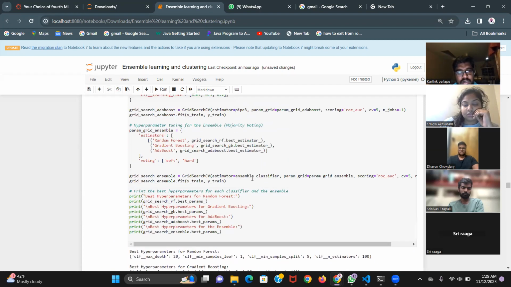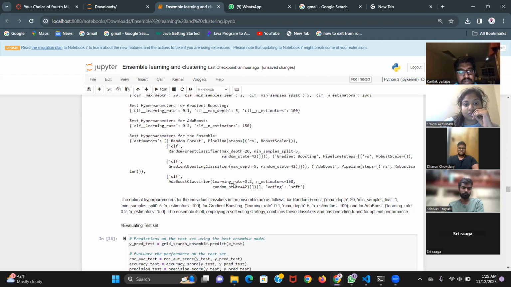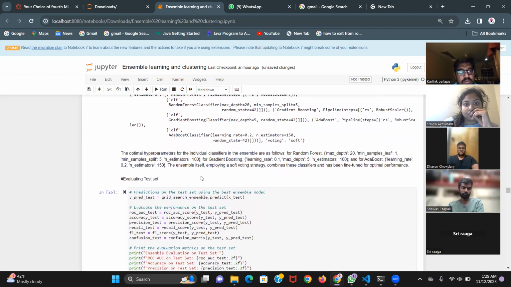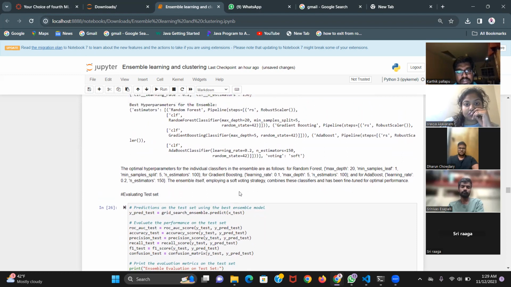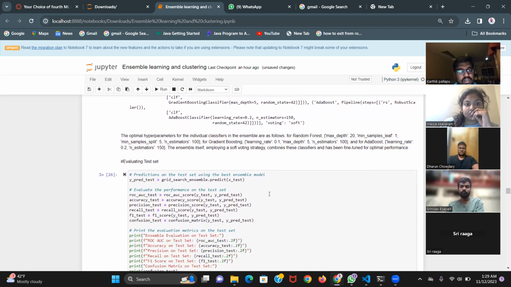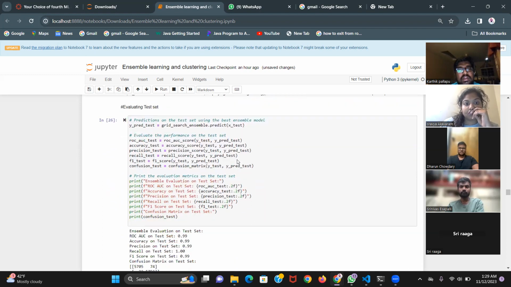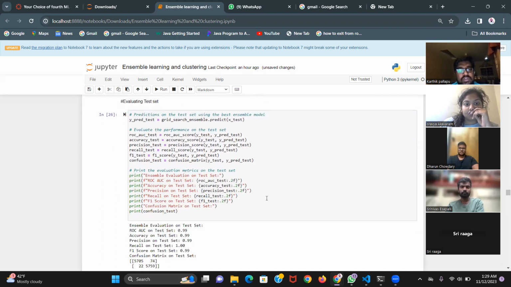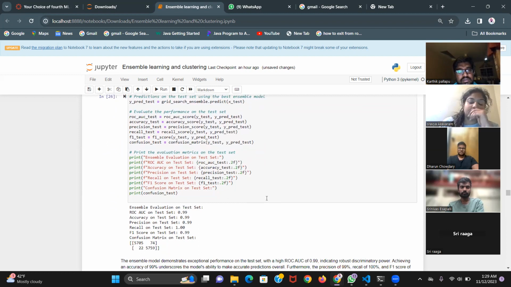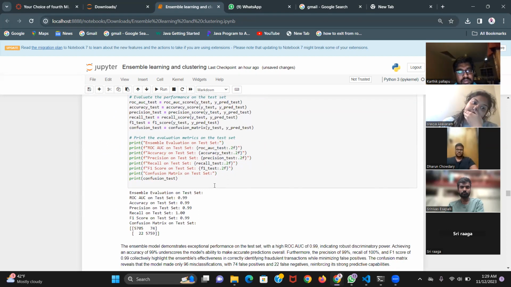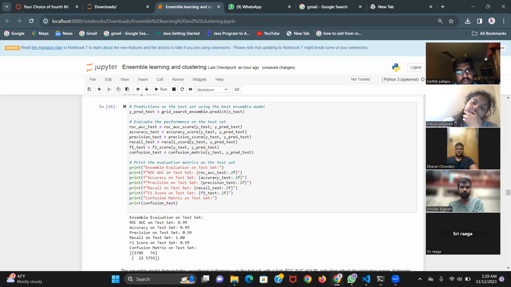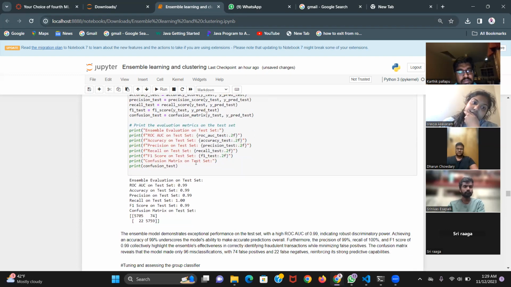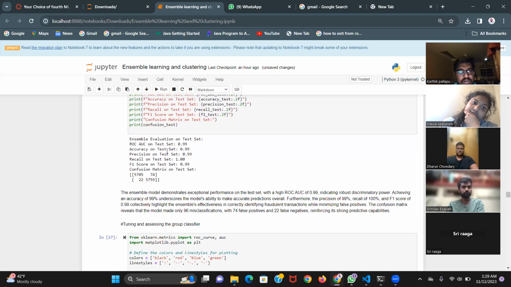We're not going to run it right now because it takes a couple of hours to run. And these optimal hyperparameters are boosting the accuracy and give the best results on the data set which we collected previously. Coming to the prediction and evaluation of these ensembles, we did the prediction and ran the different scores with the confusion matrix, and we also got the best results, accuracy 0.99.